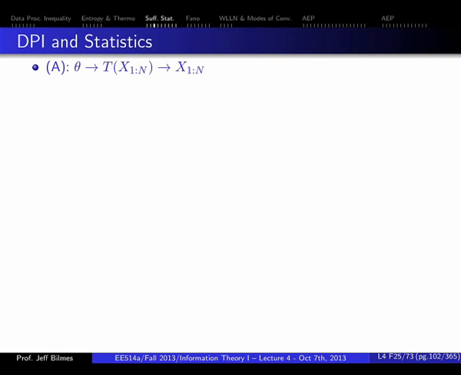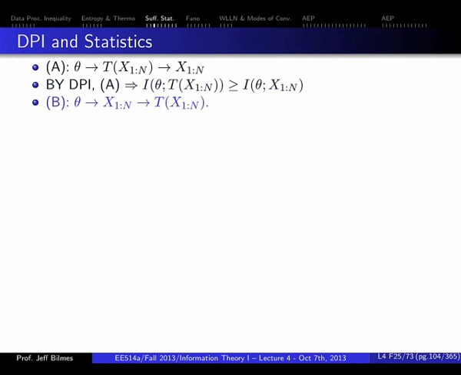So we've got one Markov chain, A, and by the data processing inequality, we know that the amount of information that the statistic has about the bias is an upper bound of the amount of information that the sample has about the bias.